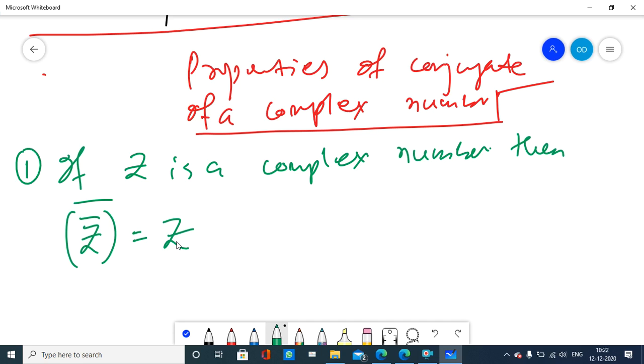If I take the conjugate of a complex number twice, I will get the complex number itself. The conjugate of z conjugate is equal to z itself.